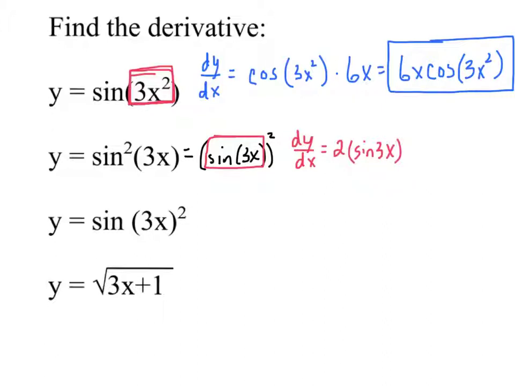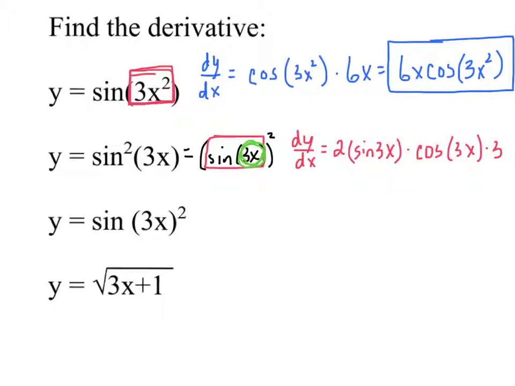Well, the interesting thing, of course, here is that we have a new inside function. 3x is also inside. So as we multiply by the derivative, we're going to multiply by cosine, leave the inside alone, and then multiply by the derivative of the inside. So we actually have to do chain rule twice.